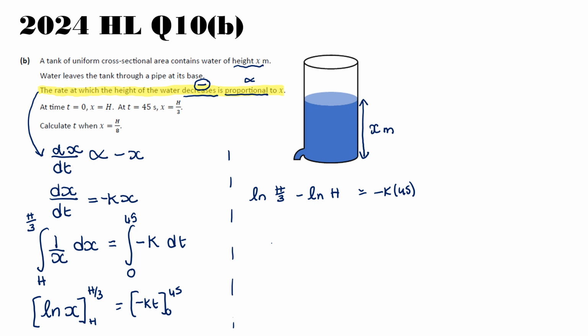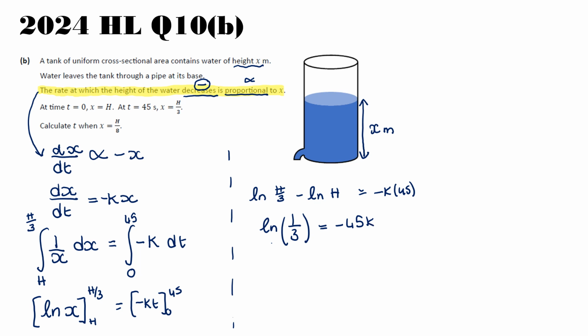So I'm going to just ignore that part. So this is the natural log of, using our laws of logs, h over 3 divided by h. So that's natural log of a third, which is minus 45 times k.